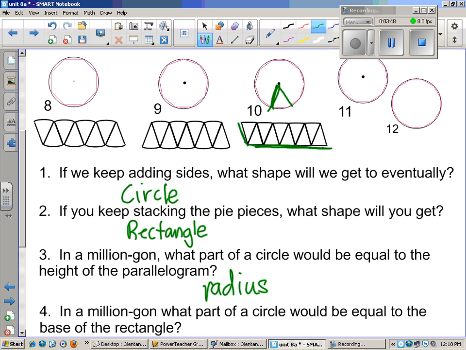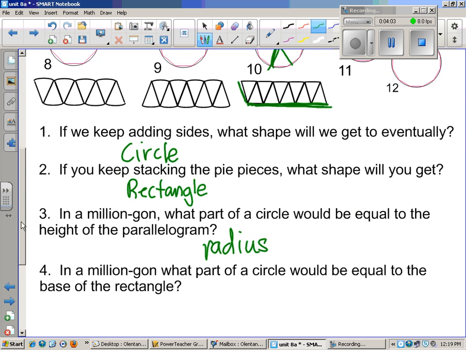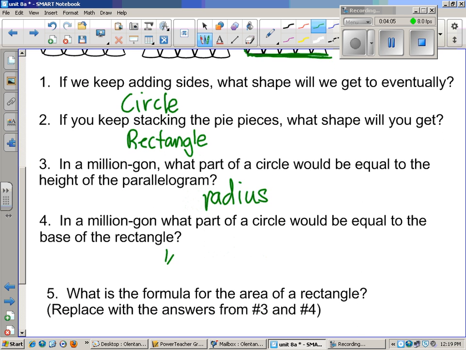And half the pie pieces face up. So these are just the face down pie pieces, right? So it's not the whole circumference, it's half of the circumference. Does that make sense? Do you see what I'm doing there? So it's half the circumference.